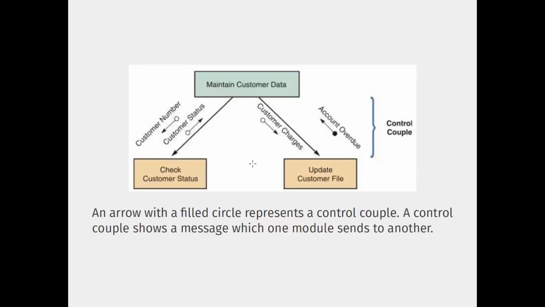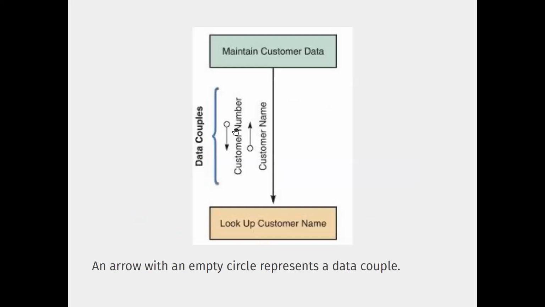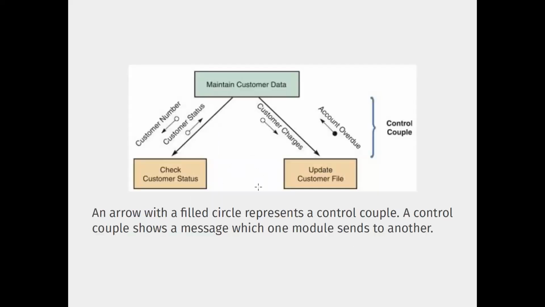Now, previously with arrows, we had empty circles, but let's look at a case where we have a filled circle. So this is what we call the control couple, right? That means when we are trying to maintain the customer data, you check customer status and upload the customer file, but then it suggests that, okay, you should overdue.